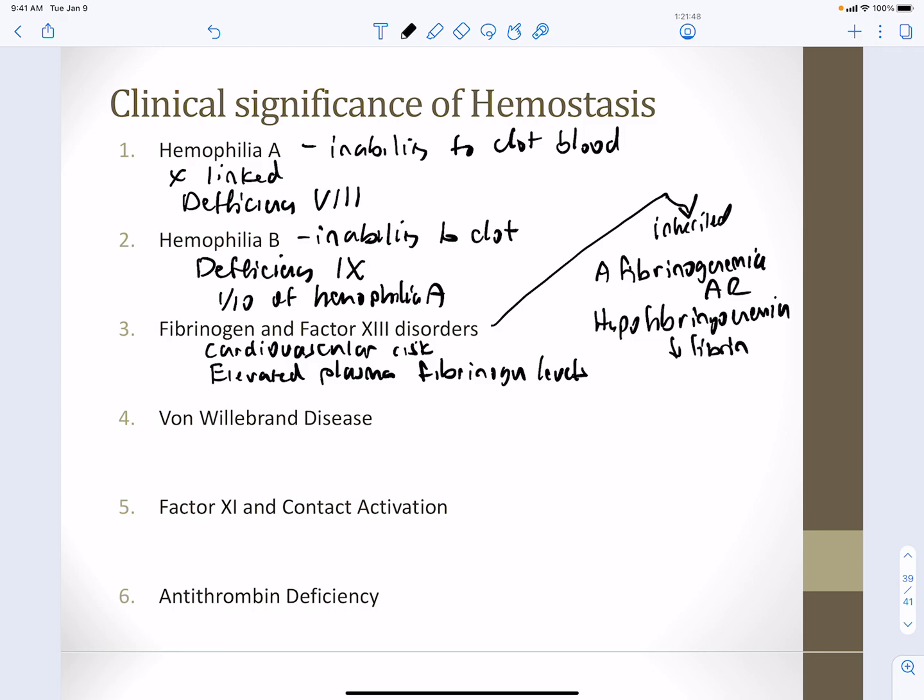You also have dysfibrinogenemia, where you have dysfunctional fibrinogen. And you have factor 13 deficiencies, which are autosomal recessive.